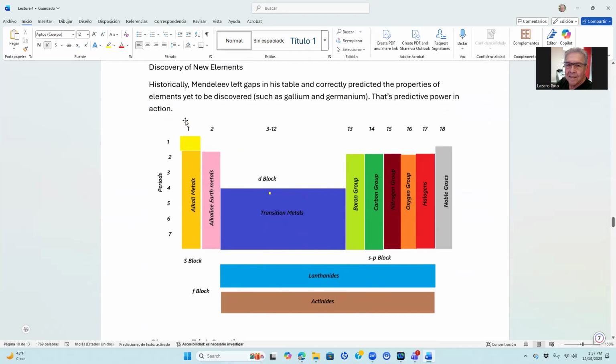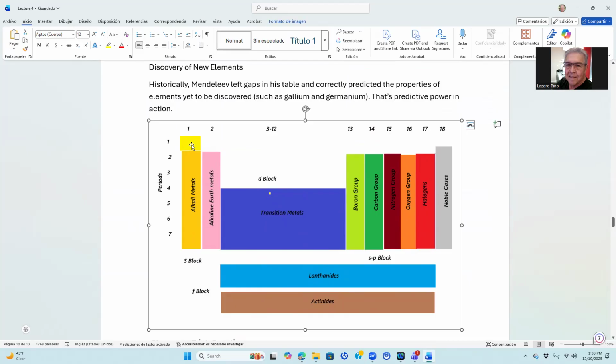And remember that this order is from the small atomic number, that is hydrogen, Z equals 1, to the heavier elements that are here at the bottom and right part of the periodic table.